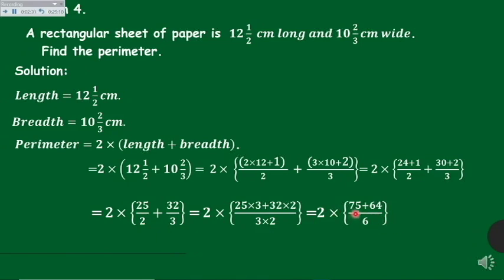After multiplication you will get 75 plus 64 upon 6. Then further you will get the answer 139 upon 3, and whatever answer comes after converting it into a mixed fraction, you comment me.